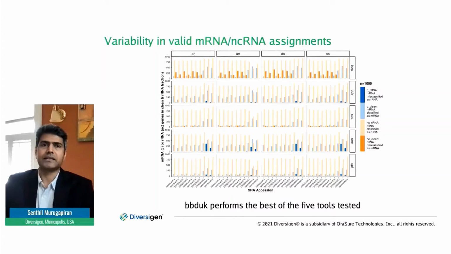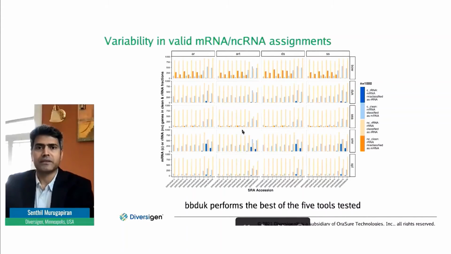The results suggest that there is a high degree of variability in valid mRNA and non-coding RNA assignments. We see that most of the time, the non-coding RNAs get classified correctly, as shown in the light orange bars, and the light blue bars indicate the protein coding genes correctly classified as mRNA.